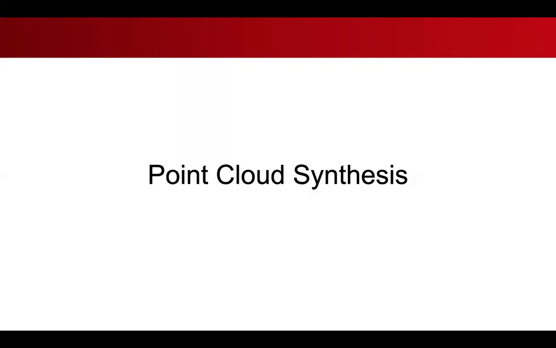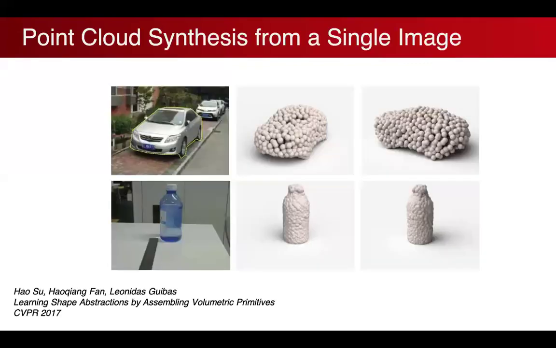Up to now, we discussed PointNet and PointNet++ for analysis tasks, such as classification and segmentation. Now we are going to discuss the PointNet for point cloud synthesis. The idea is to generate a 3D shape from a single image.